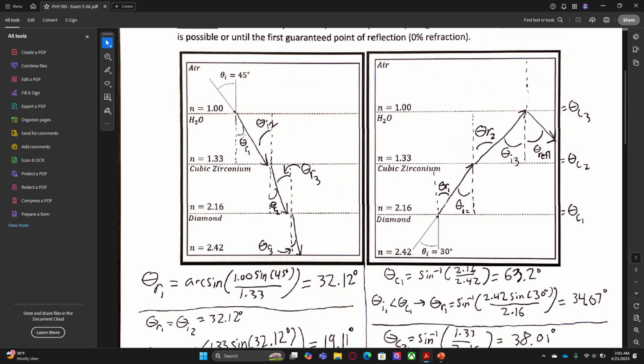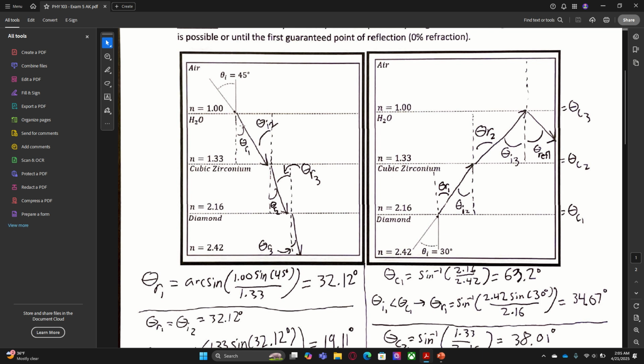We're going to label that on our graph as theta R1. It might be a little difficult to make this steeper than the 45 degrees, so it's okay if it's roughly estimated. But theta R1 is 32.12 degrees.